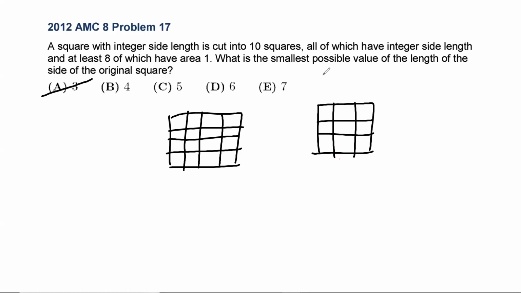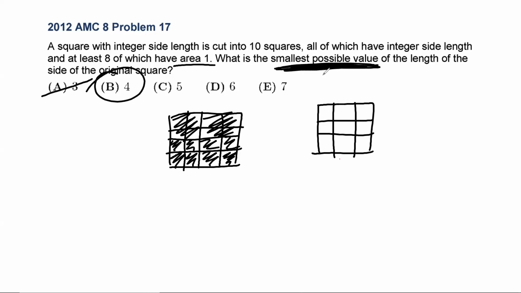And it turns out that answer choice B actually works because you can have, for example, 8 squares with area 1, and you can have 2 squares with area 4. And since they're asking for the smallest possible value, we know that we've got the correct answer because the smallest here that we haven't eliminated is B.